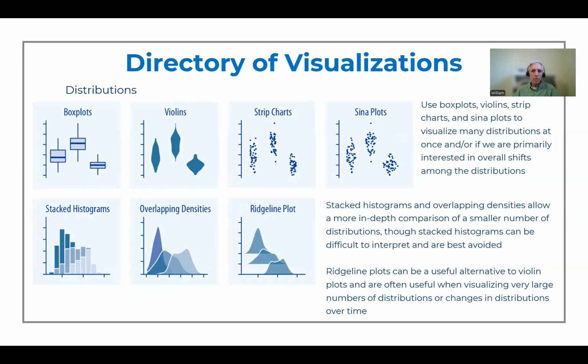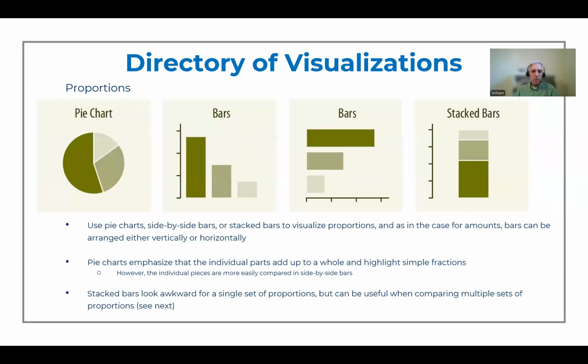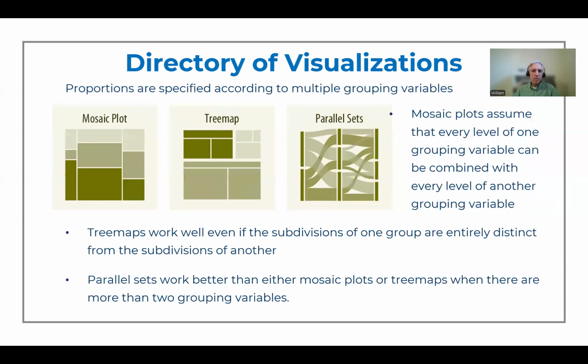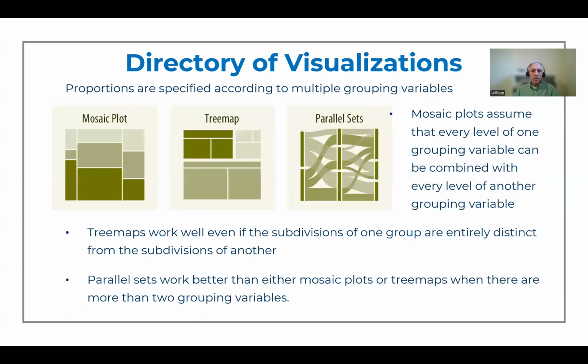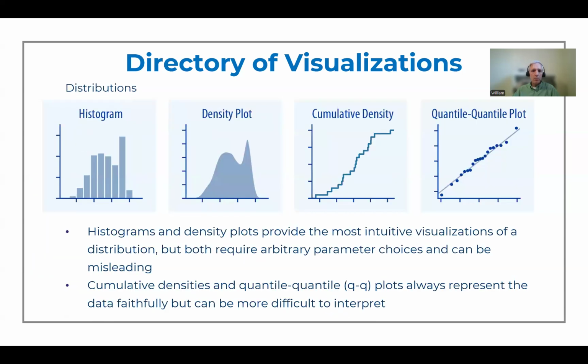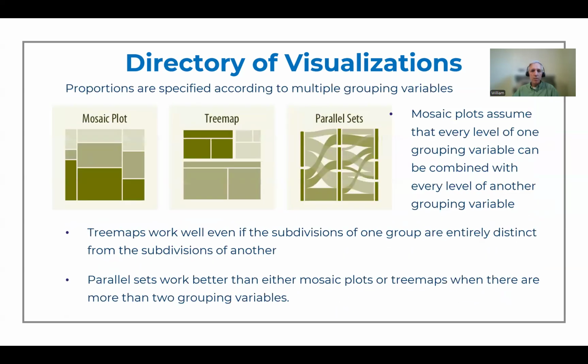We spent a fair amount of time on distributions, proportions, and XY relationships. Of all of these, the distribution seems to be the hardest one for students to grasp. It's not actually that difficult, but it's hard to sort that out from a bar chart. That's really the big thing I want you to keep in mind.